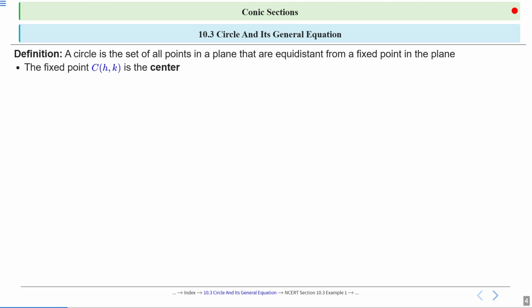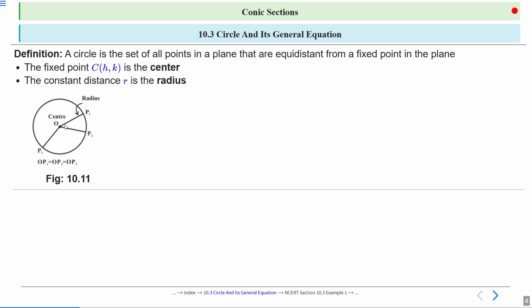The fixed point is called the center of the circle, and it is denoted by C(h, k). And here the constant distance, this distance OP1, OP2, OP3, all the distances are equidistant.